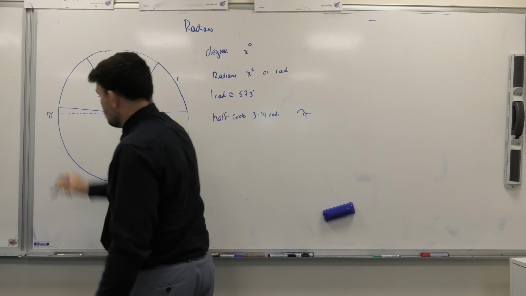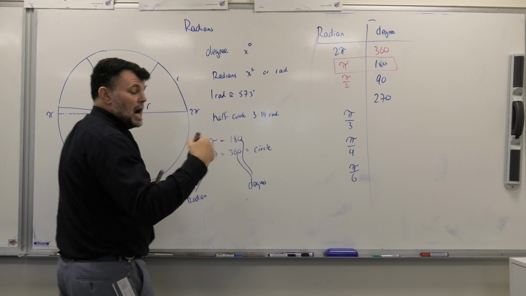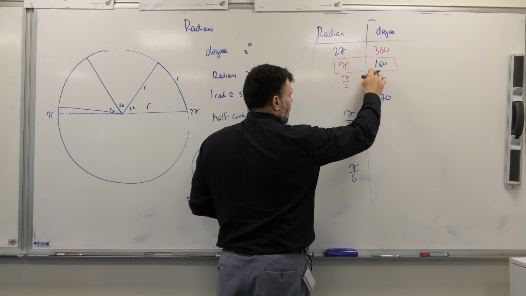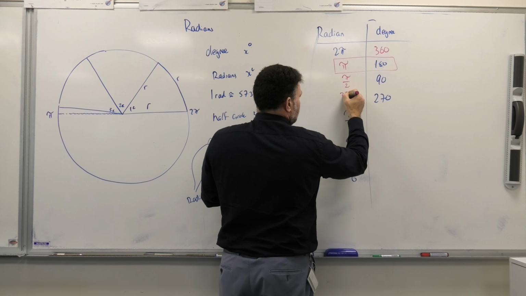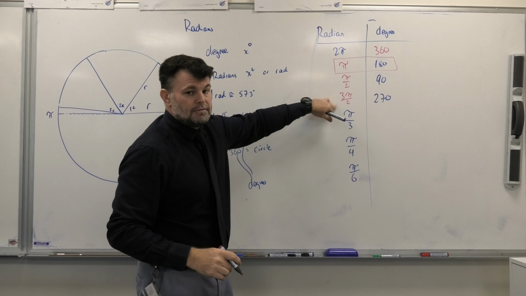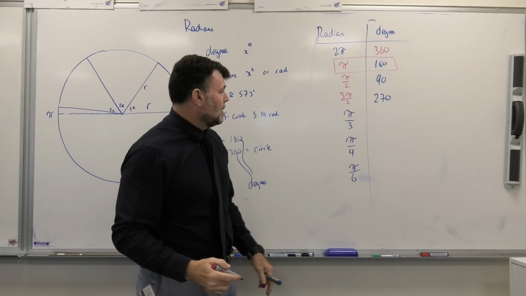So this here would be pi on 2. For 270, we've got 1 pi, half a pi, and then another half a pi. This here becomes 3 pi on 2, where we've got 3 halves, which is the same as 1.5.